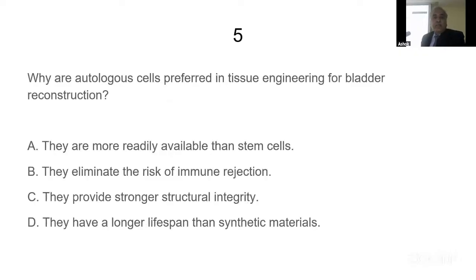Why are autologous cells preferred in tissue engineering for bladder reconstruction? They are more readily available. They eliminate the risk of immune rejection. They provide stronger structural integrity. They have a longer lifespan than synthetic materials. So they eliminate the risk of immune rejection, because we know stem cells could be of various types.